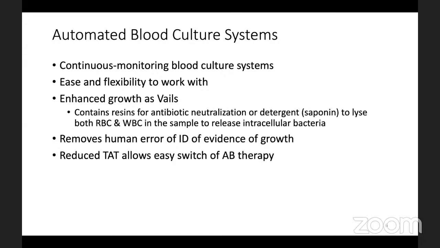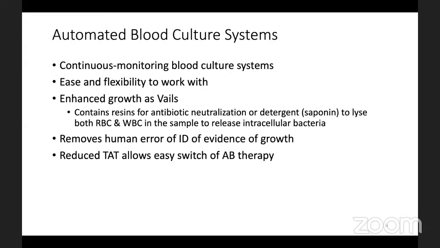The vials, the bottles used for this automated blood culture system, have ingredients that are able to neutralize any antibiotics given to the patient prior to sampling. In the anaerobic system, for instance, they have some detergents that are able to break red cells and white cells so that any intracellular bacteria can come out and be supported by the medium.